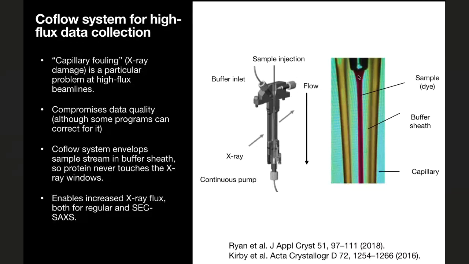And what it does is it focuses the protein down into a sort of jet with a sheath of buffer around it. So the protein never touches the capillary wall. But just by doing that, it seems to almost completely eliminate the capillary fouling issue. And so you can collect data with much higher X-ray flux without having to worry about the damage.